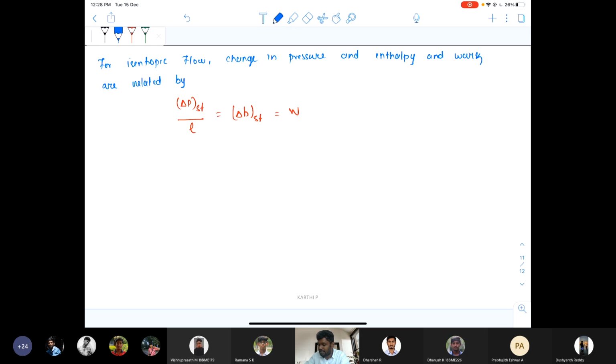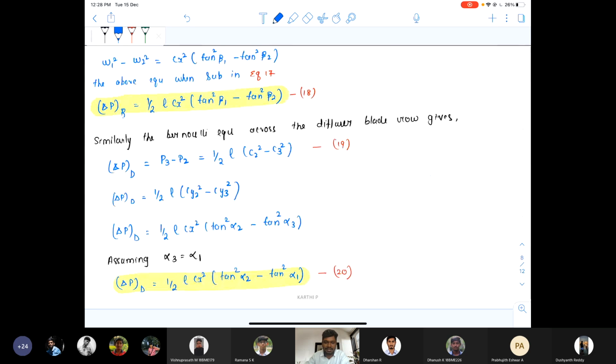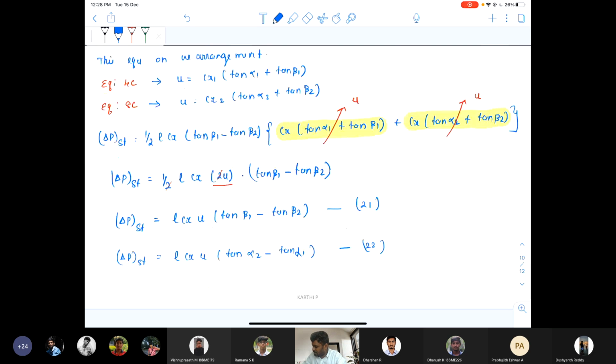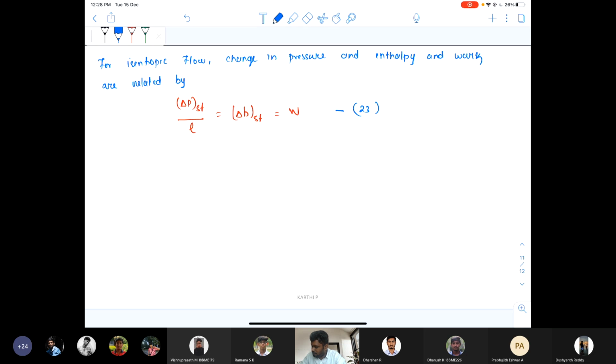This equation we have already seen in the later classes, that is in unit number 2 and 3, we have used this equation, but actually this equation has been derived from the corresponding static pressure rise. Therefore you can combine the parameters of change in pressure, enthalpy and work by this equation, and by using this equation only we have derived certain equations in the centrifugal compressor and the fans and blowers, which we have seen in unit number 2 and 3.